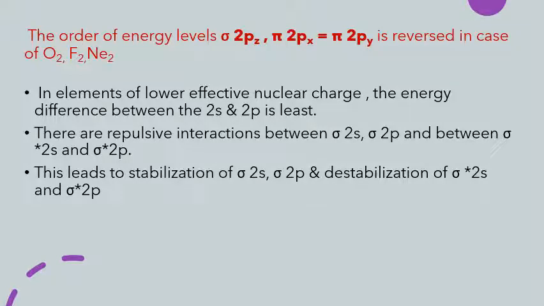Then why is the order of energy levels of sigma 2pz and pi 2px, pi 2py reversed in the case of oxygen, fluorine and neon? So let us see the reason for that. In elements of lower effective nuclear charge, the energy difference between the 2s and 2p is least. So these two orbitals are very close to each other.